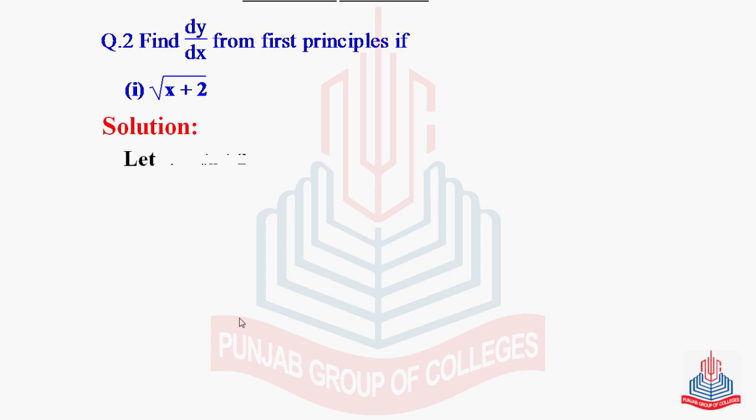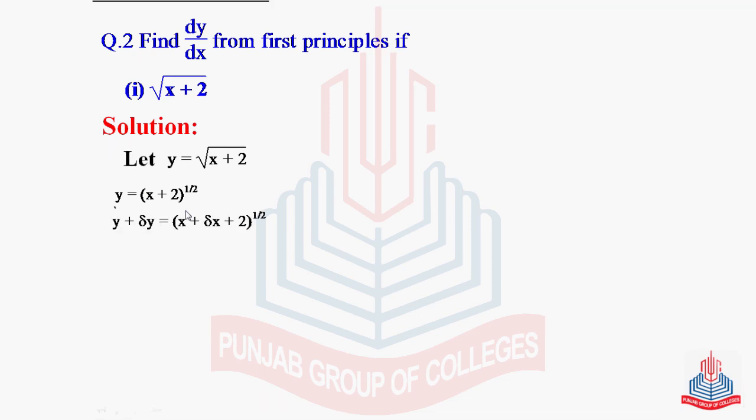We have y is equal to square root of x plus 2, and we can write it as y is equal to x plus 2 raised to the power 1 by 2, and you can easily see that this will become the same thing which we already calculated in the differentiation of functions like x plus a raised to some integer, some fraction, some negative integer in our question number 1. So that will become the same thing.